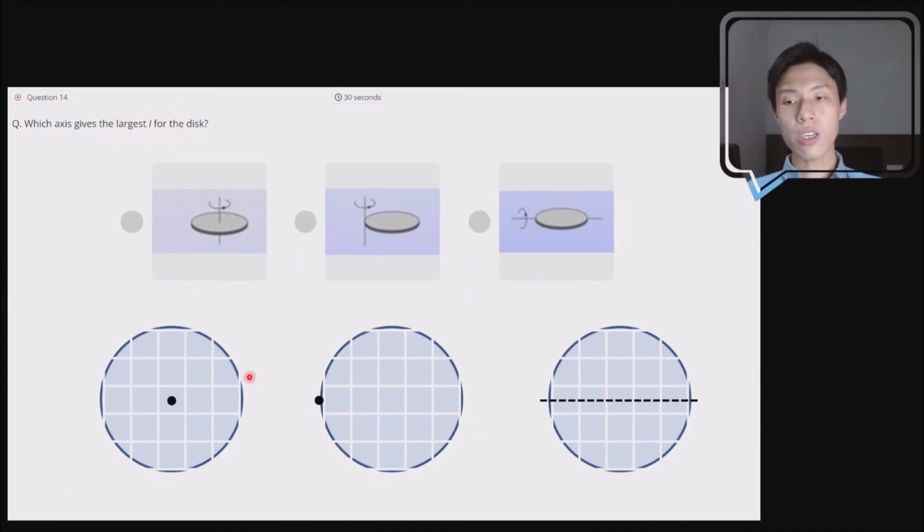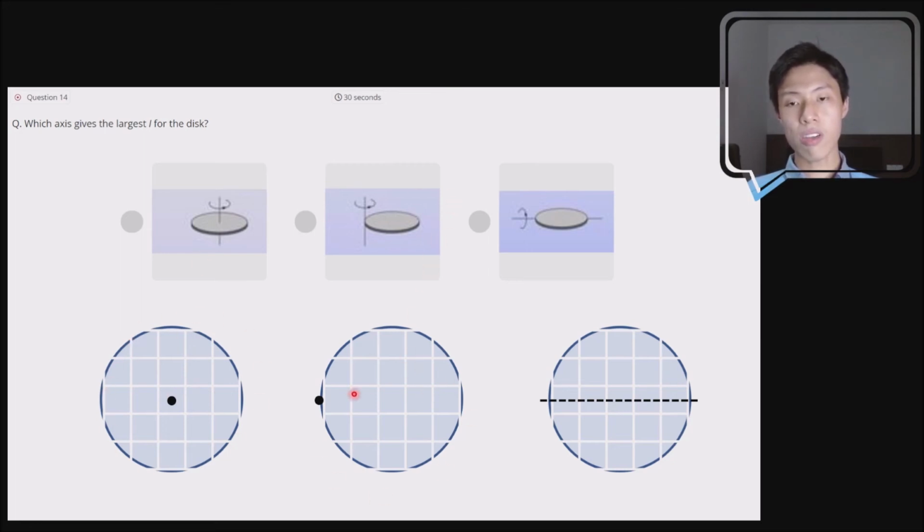So what I do here is I prepared three diagrams, and these three diagrams represent three circular disks, but now viewed from the top. So this is a top view of our options. The first diagram is a circular disc viewed from up top, and you have your axis of rotation, this black dot here, passing through the center of the circular disc.